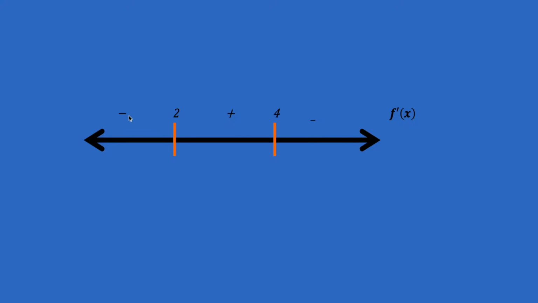So gradient changes sign at x is equal to 2, and similarly the gradient changes sign at x is equal to 4 from positive to negative. At 2 it changes sign from negative to positive, so therefore x is equal to 2 is the minimum point, x is equal to 4 is the maximum point. I mean not point, but the x-coordinate of the maximum point.